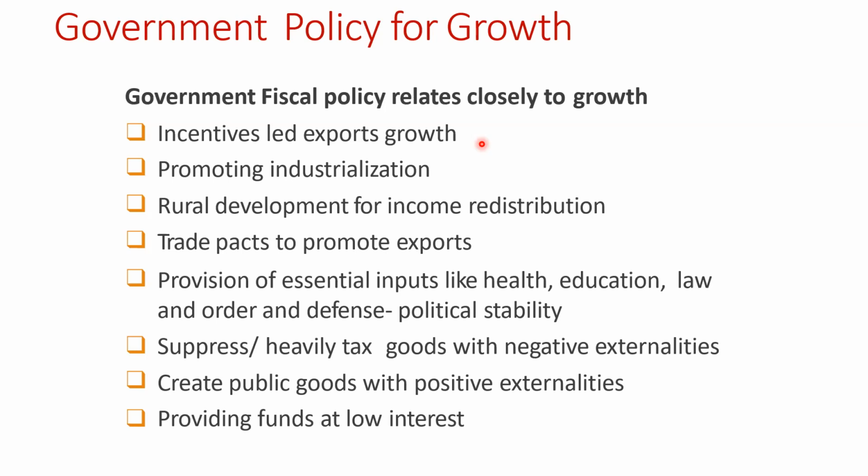Then suppress heavily taxed goods with negative externalities, and create public goods with positive externalities, providing funds at low interest. Now, providing funds at low interest means not personal loans, but loans to promote industrial development or export-oriented factories.